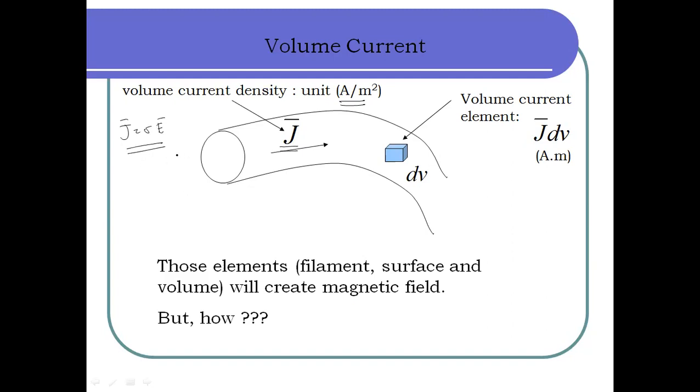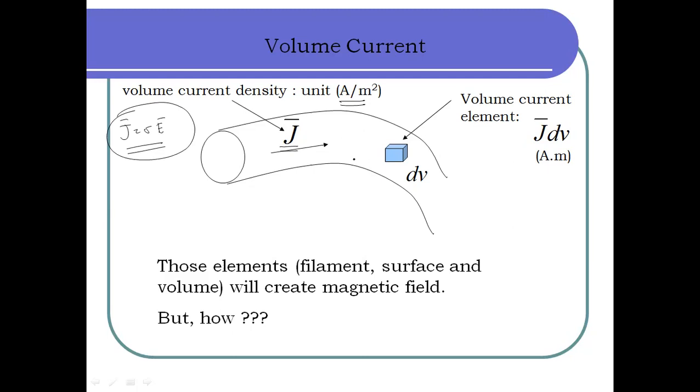This is a very general representation for the current. The conduction current density is very specific: it is the current flowing in a conductor. But what we have here is quite general, just a J vector, the volume current density, with units of ampere per meter squared.